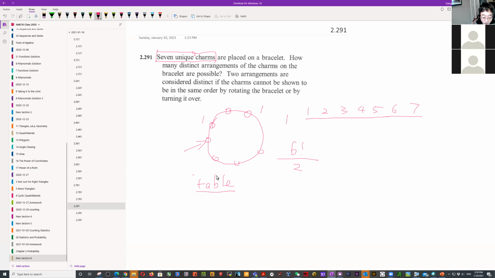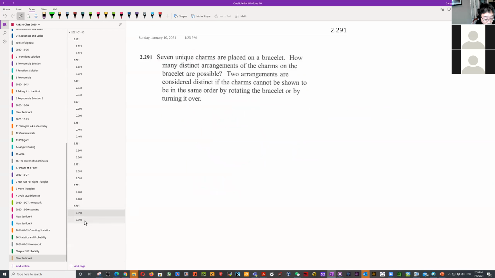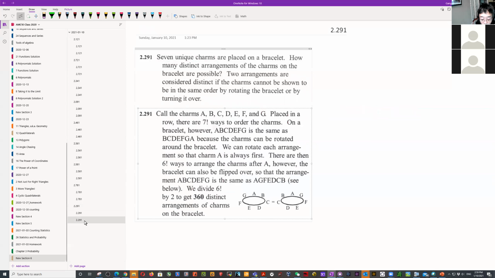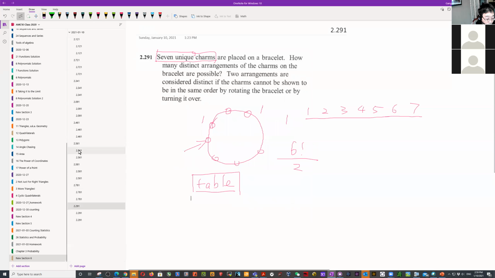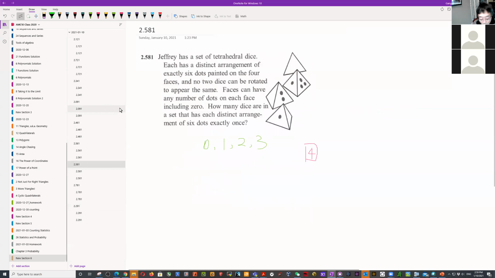Obviously, at a table you cannot flip it upside down, otherwise you would be sitting on the table upside down. That's physically impossible unless you are in space. So that will be 6 factorial divided by 2, which is 360. So this is the answer for this problem. I think we'll do more research on this problem.